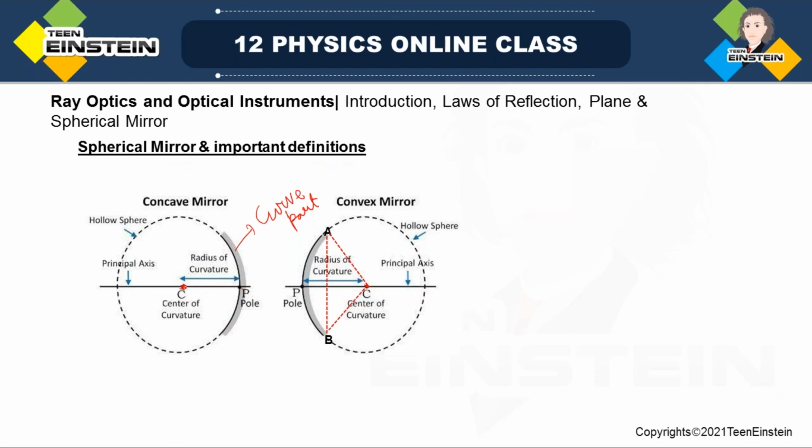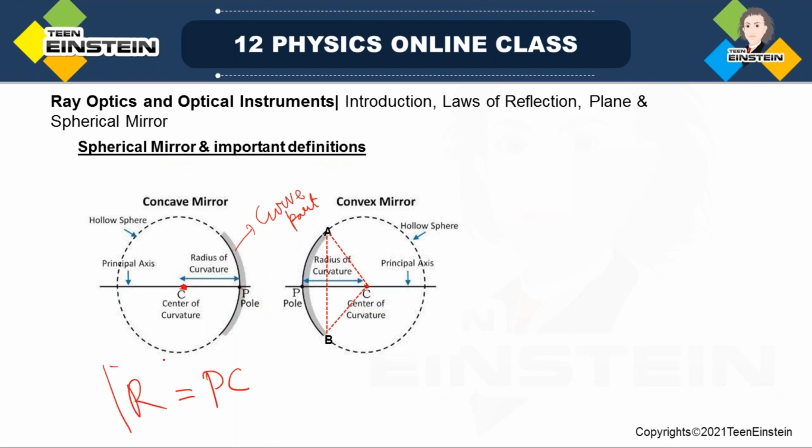Now it is very easy to know what is radius of curvature. The line joining the pole and the center of curvature, in both cases it is PC.